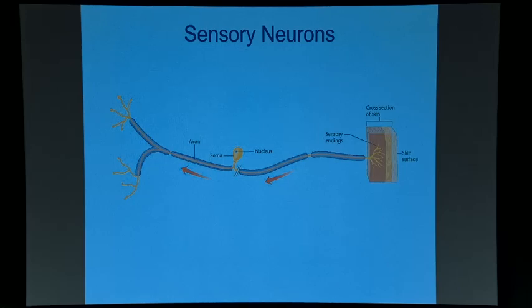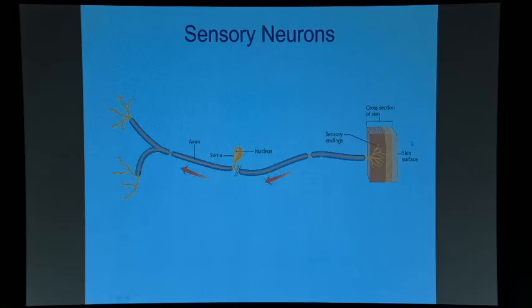In this example, this is a sensory neuron that is involved in detecting touch on our skin. What you're looking at here are what are called sensory endings of this neuron, which are similar to dendrites that are embedded in the skin.